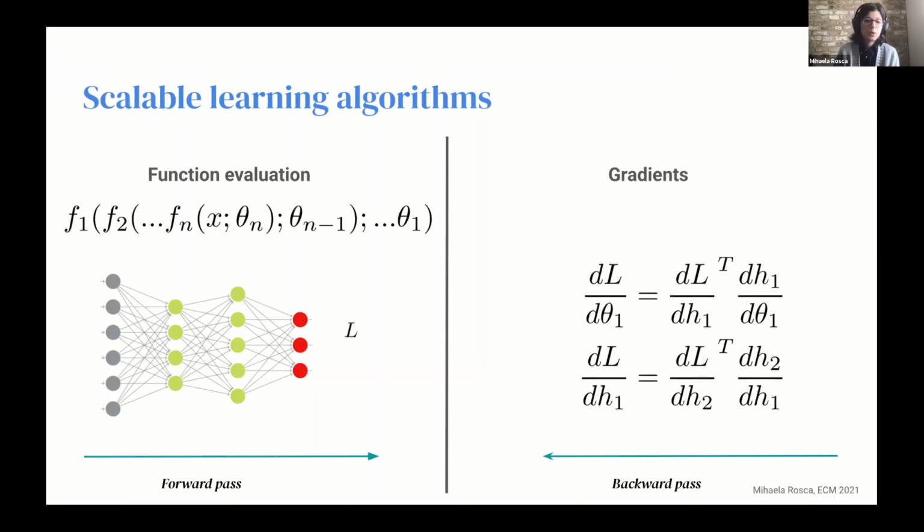As we always do in function composition, we start with the input, apply it to the first function, second function, and so on. But what's interesting is that when we want to compute the gradient, let's say, of the loss function with respect to the parameters of the first layer, we will actually go from back to front. And the reason for that is quite intuitive.